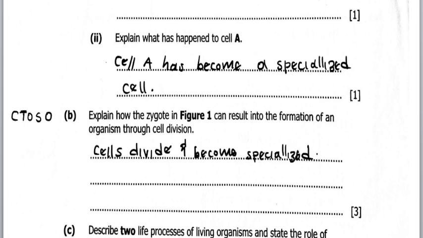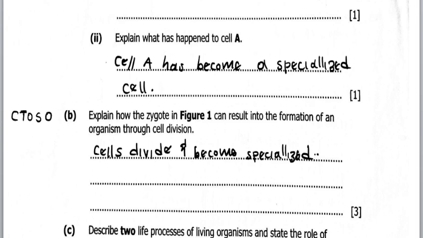Then the specialized cells form tissues. C is for cells, T is for tissues. Then the tissues will form organs. Then the organs are going to form what we call systems.